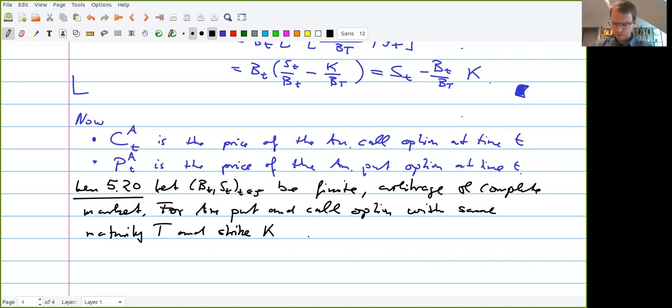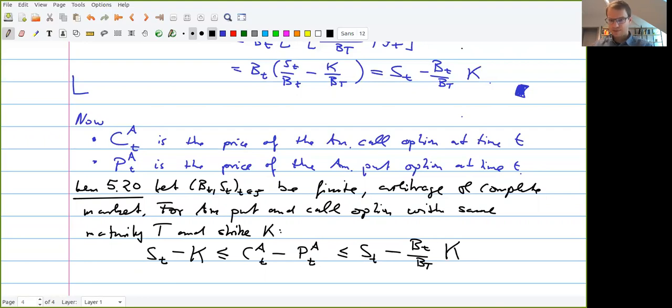Then what we observe is that S_t minus K is less or equal than the price of the American call option minus the price of the American put option, and this is less or equal than the right-hand side of the European identity, S_t minus K B_t divided by B_T.